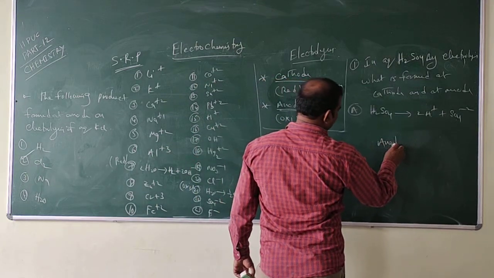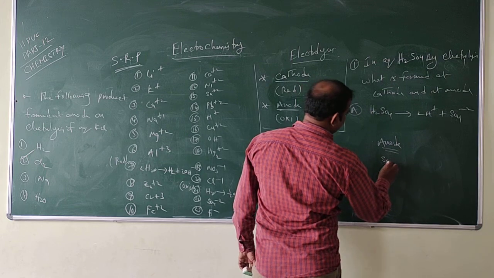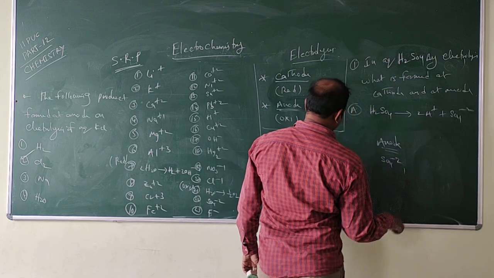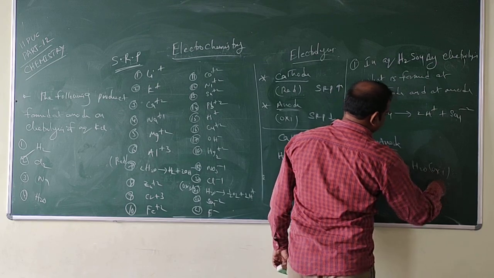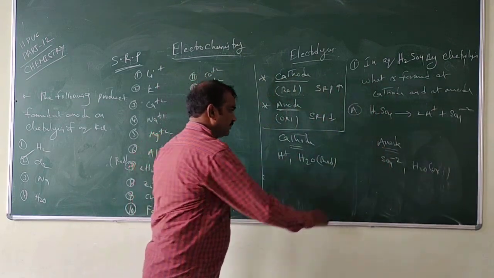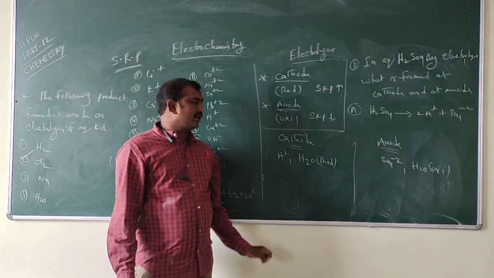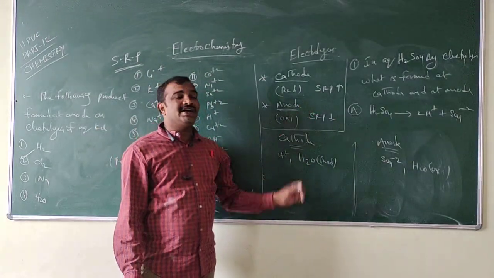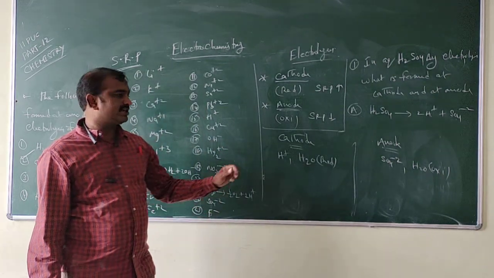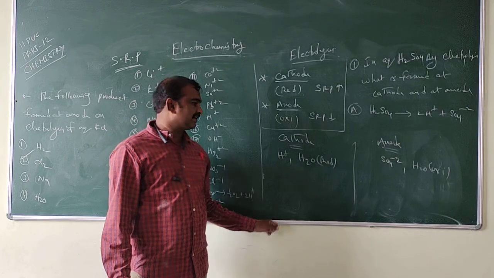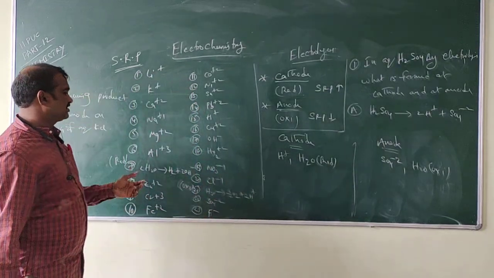Like that at anode, SO4 minus 2 and H2O oxidation. So H plus and H2O reduction, among these which is having the highest SRP value? Only that one we consider at cathode.